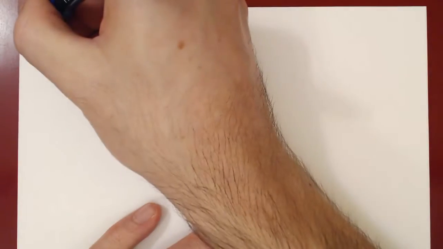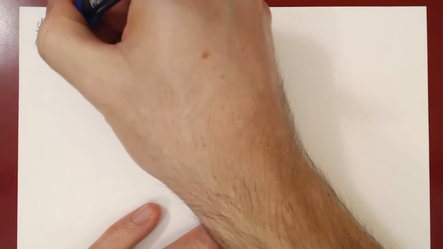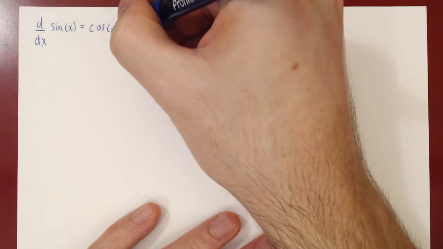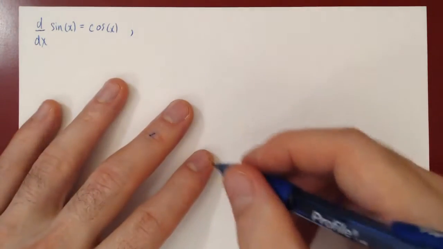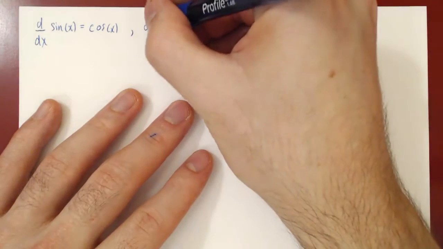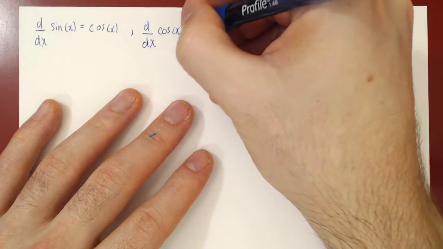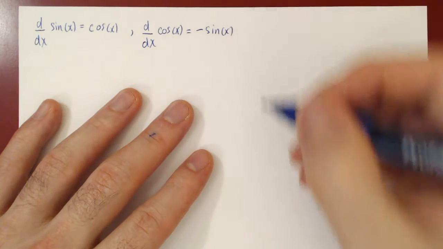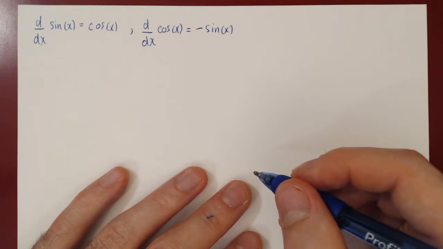So let's just rewrite them on top. So the derivative of sine of x with respect to x is just cos of x. The derivative of cos of x is negative sine of x.